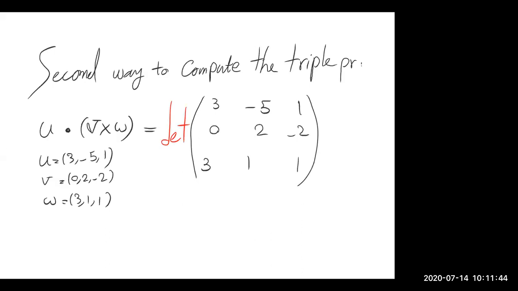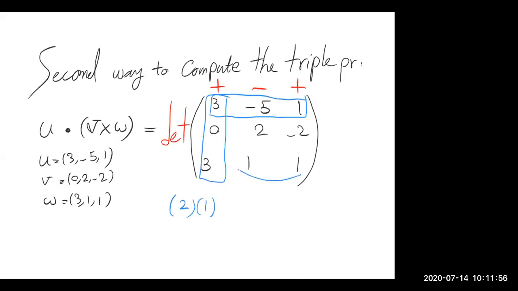So plus, minus, plus, along the first row. We take the first column. The determinant here would be 2 times 1 minus (-2) times 1, times 3. And then the second one would be minus.